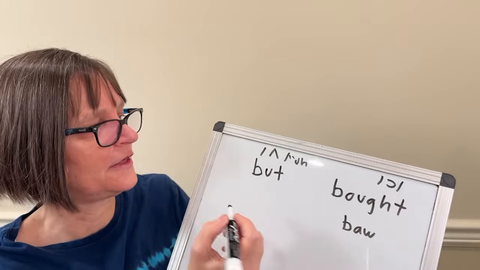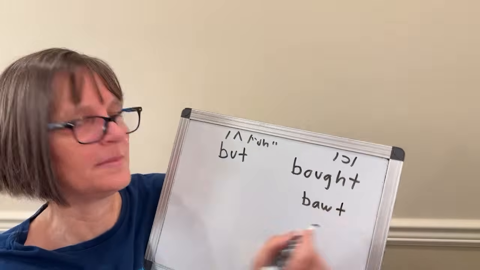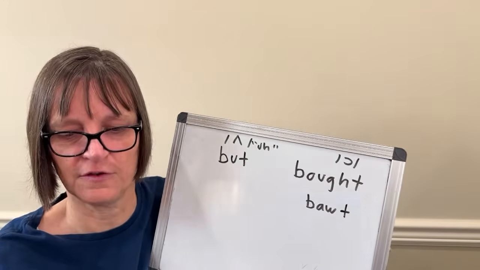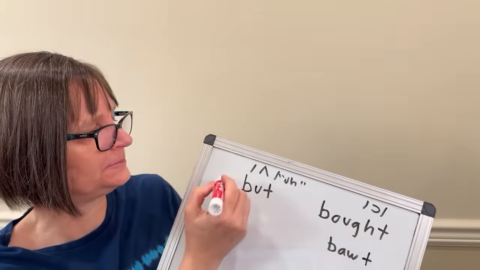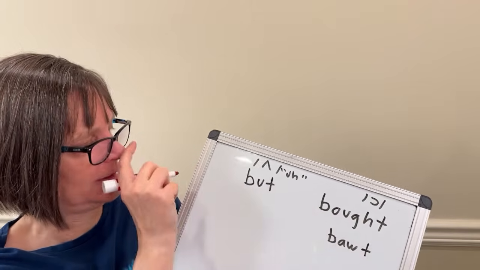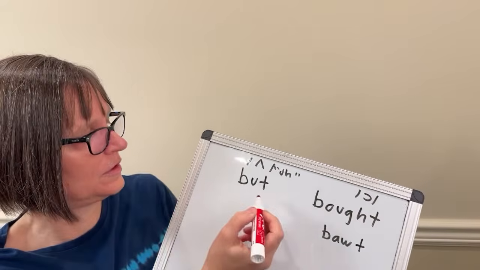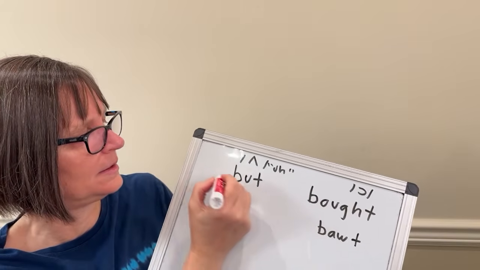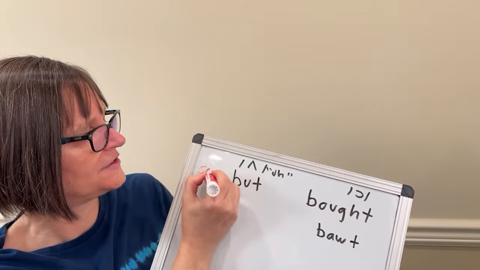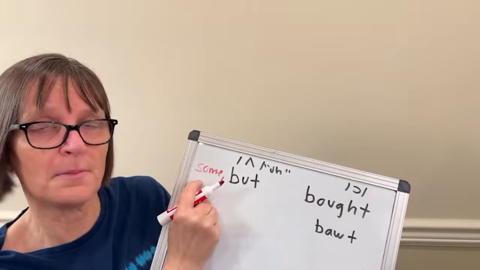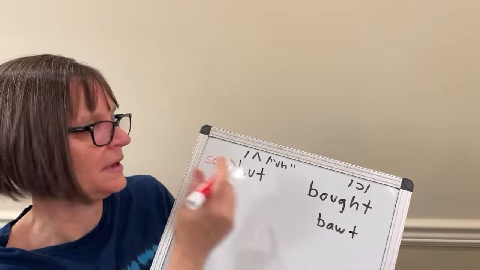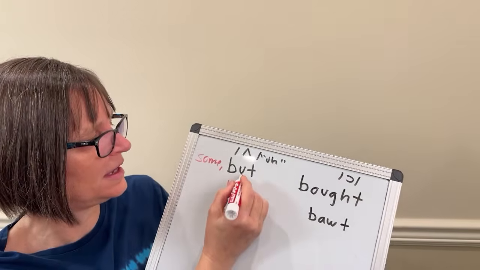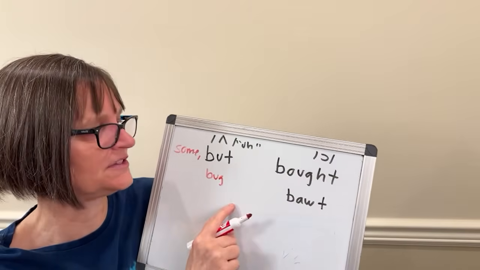So another strategy, as I've mentioned before, is to use another word that has these vowels. For example, "I have some but not many." Using "bug" and "but", keeping that sound the same.